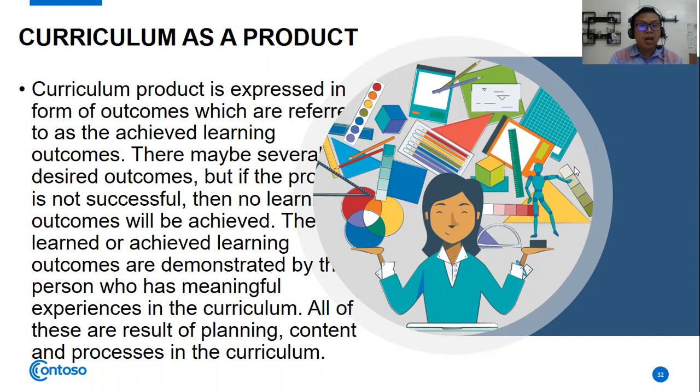As teachers, we need to be effective planners, content implementers, and evaluators. We see curriculum as a body of knowledge, that's the what to teach, as a process, that's how to teach, and outcome, and that is the product.